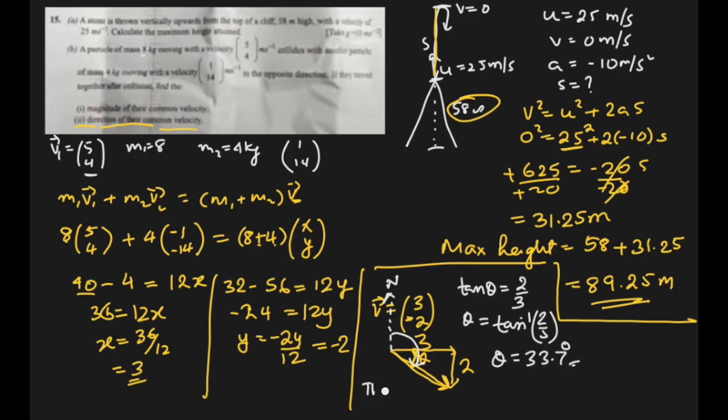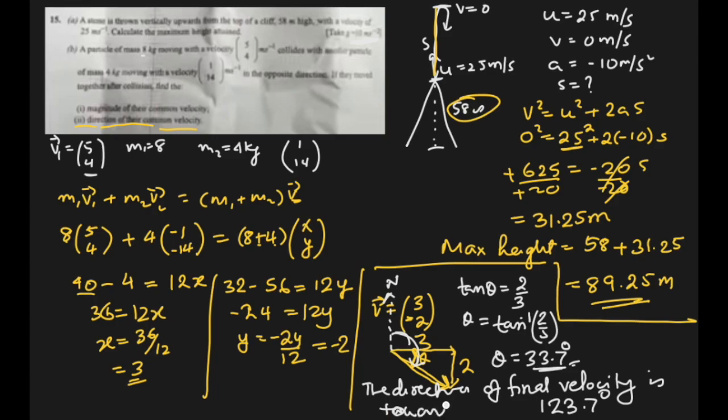So the direction of the final velocity, in bearing, we can write 90 plus 33.7, which is 123.7 degrees, towards bearing 123.7 degrees. This is the final answer, and this concludes our exam.